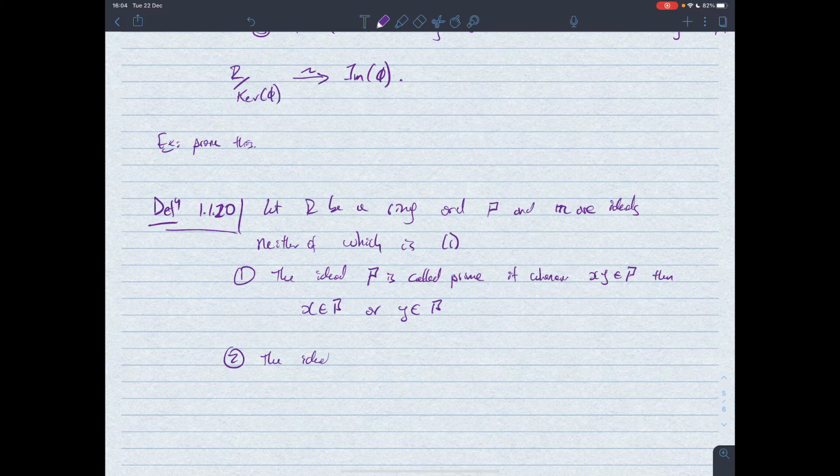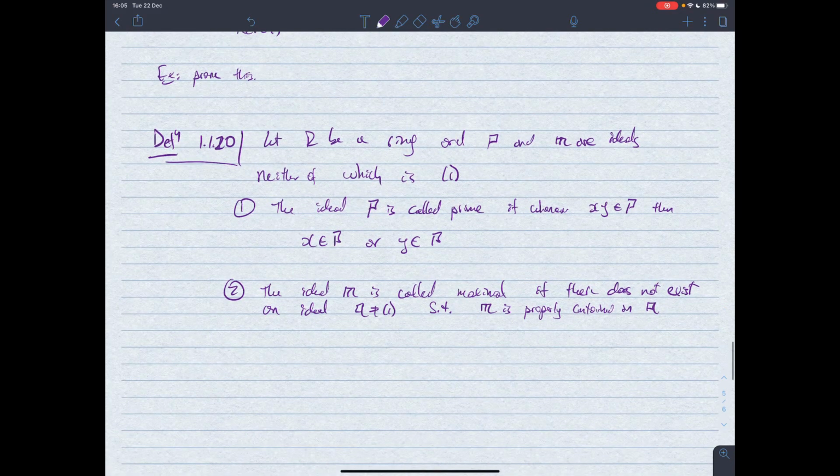And 2, the ideal M is called maximal if there does not exist an ideal different from the whole ring, which is the ideal 1, so if there does not exist an ideal, say A different from 1, such that M is properly contained in A. In other words, M is properly contained in A, which is some proper ideal of R, which is just ideal 1.